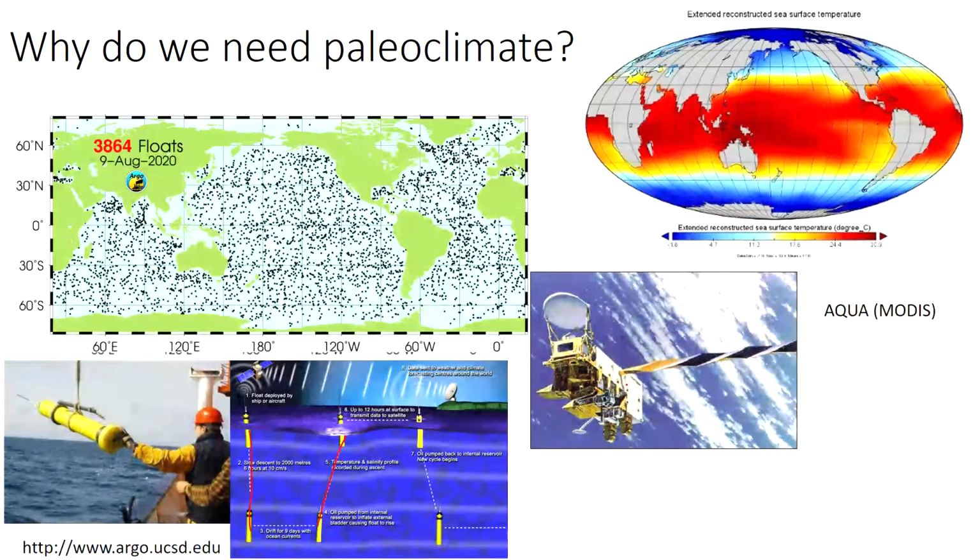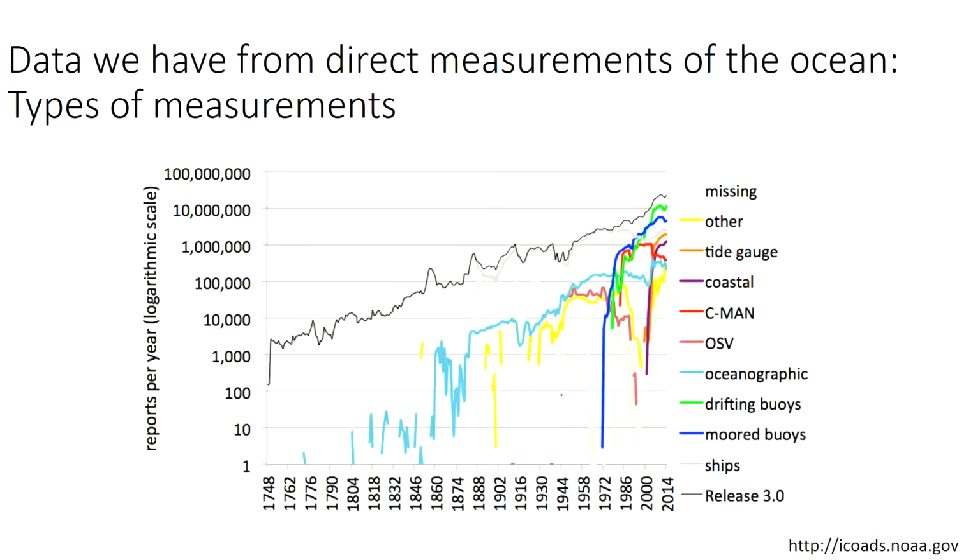I already mentioned we get a huge amount of information from satellites. So the present ocean is actually remarkably well instrumented. We know a huge amount of what's going on at the moment. But if we look back in time, this is a graph showing how much data is collected from the ocean from direct observations.